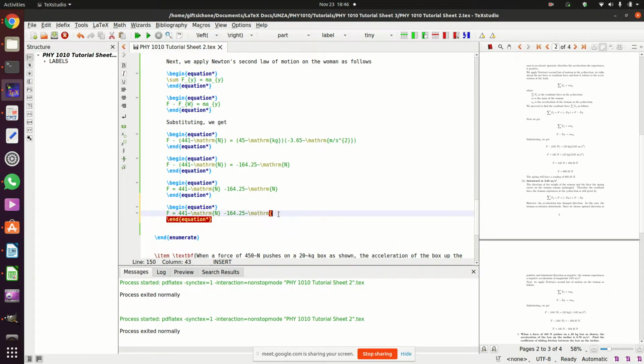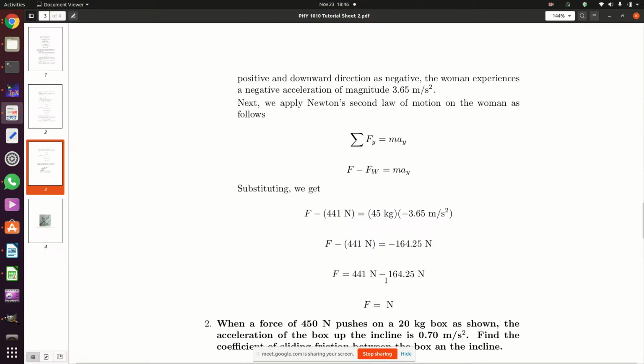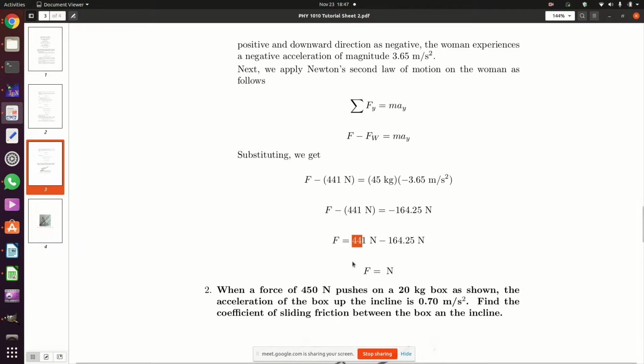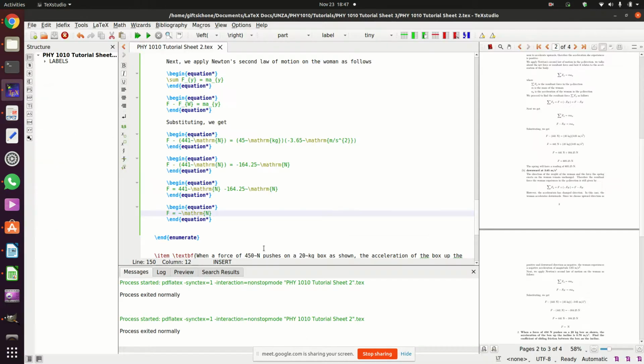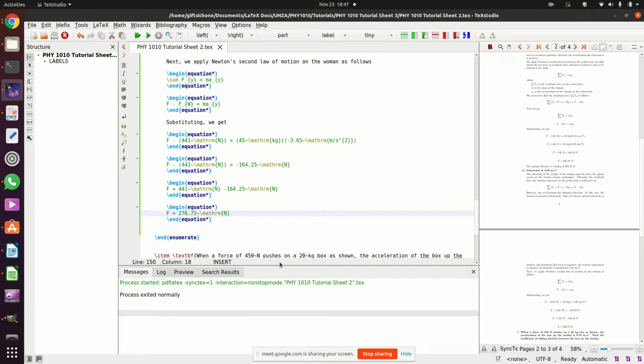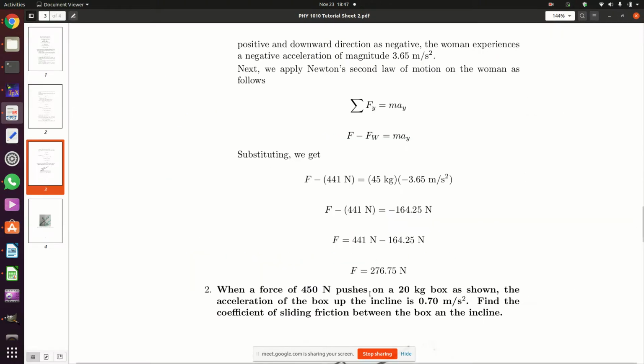So how much do we get? 441 newtons minus 164.25 is 276.75. That's what you get.